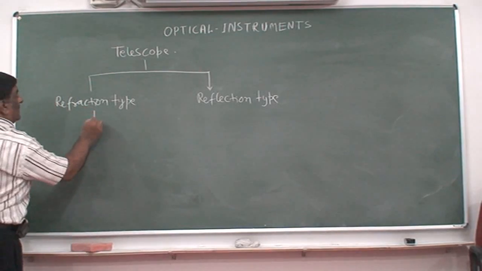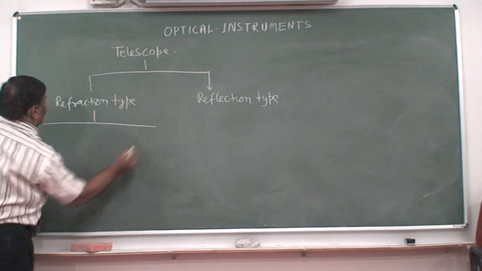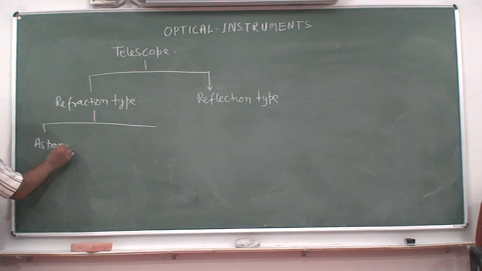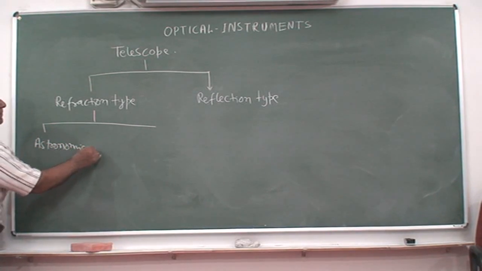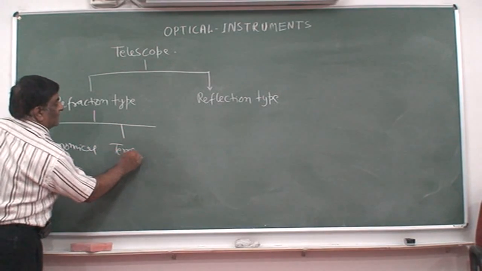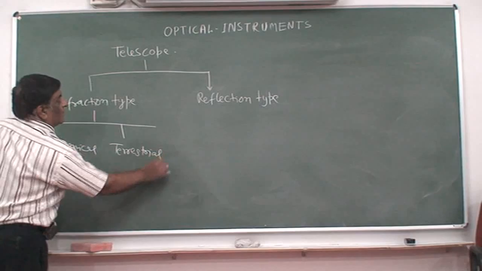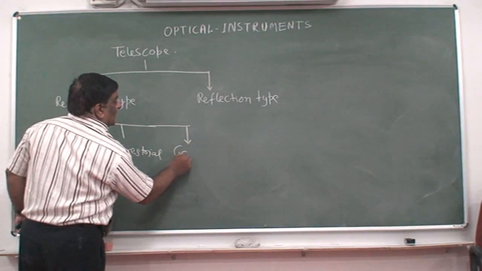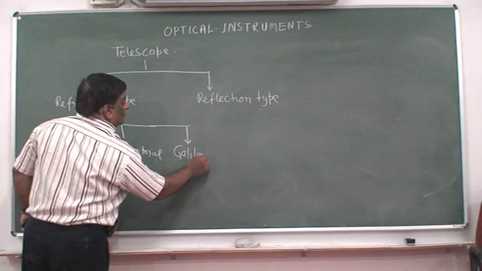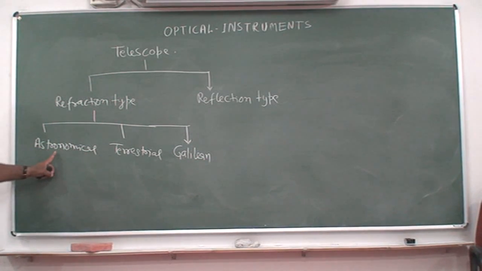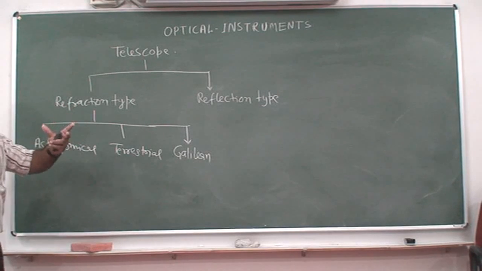In refraction type, we have just studied one, that is astronomical. There is another which is terrestrial. There is another which was made by Galileo, so that is Galilean. So Galilean, terrestrial, astronomical, all are made by lenses.